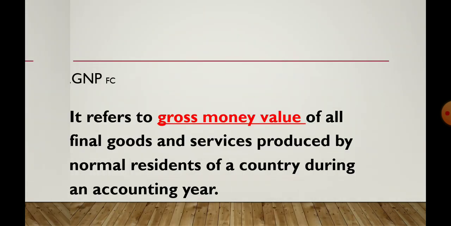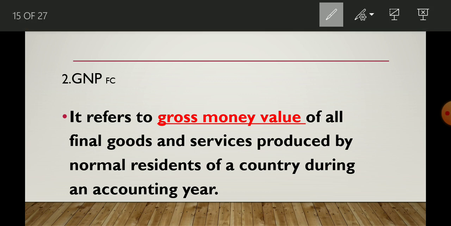Next aggregate, GNP FC. G stands for gross and FC stands for money value. Remember, G for gross and N for net, MP for market value, FC for money value. In domestic we write within the domestic territory, and in the national concept we write by the normal residents. It refers to gross money value of all final goods and services produced by the normal residents of a country during an accounting year.